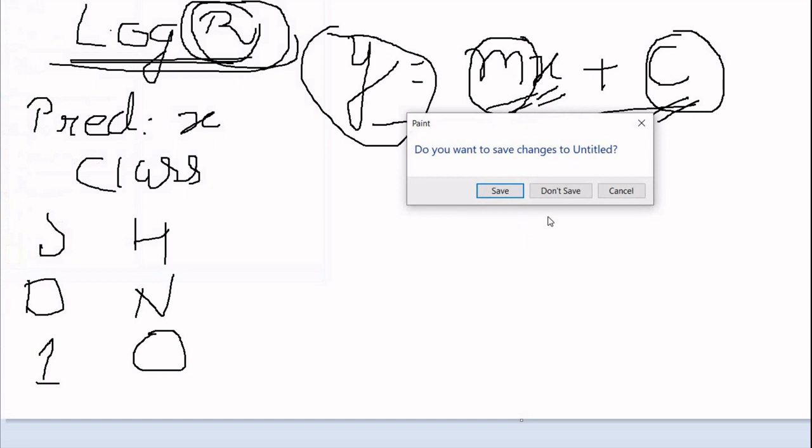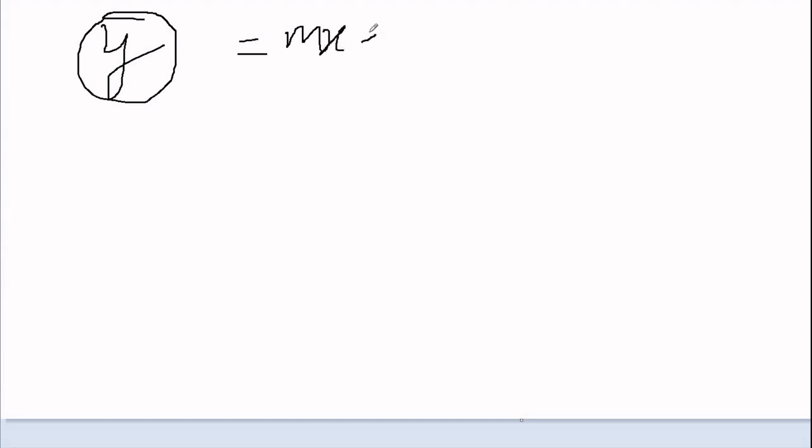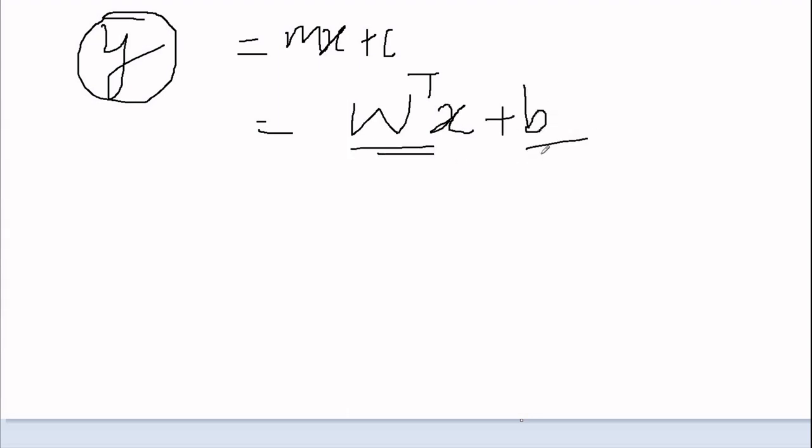Now a lot of questions arise. If we are predicting probability values like this, then why can't we use the same linear regression equation, which is mx plus c, or it can be written as w transpose x plus b, where w is the weights and b is called either the intercept or bias?